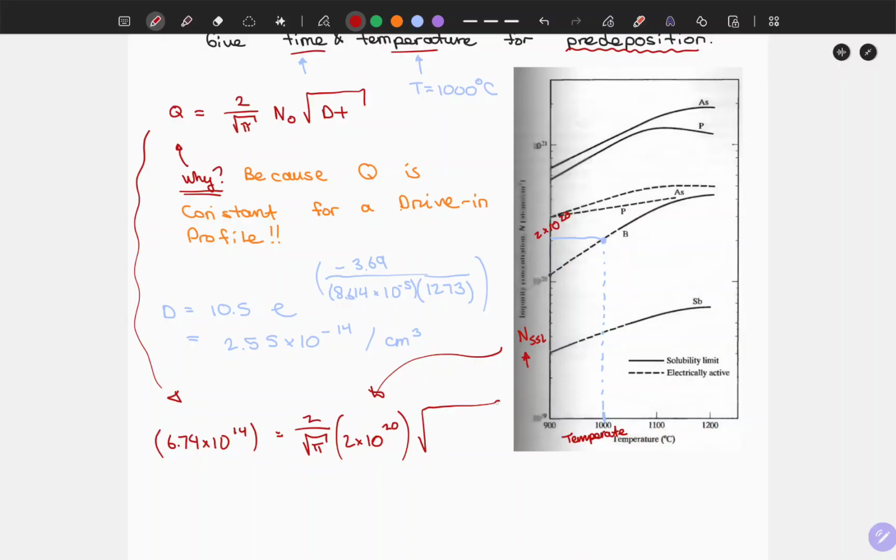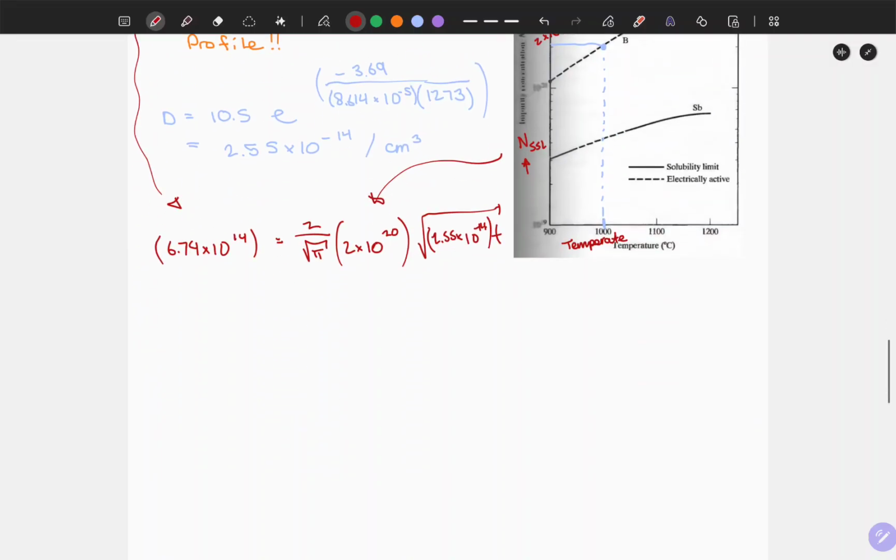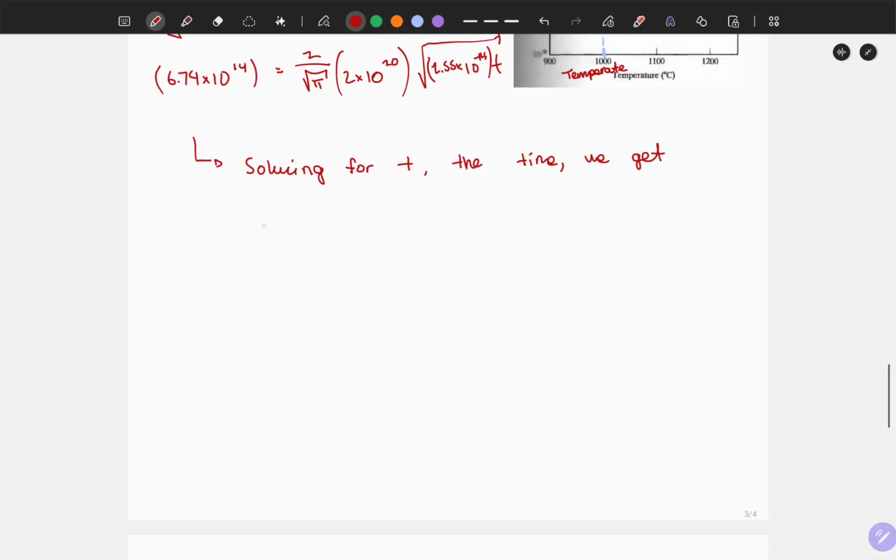And square root of Dt, we could use 2.55 times 10 to the negative 14th times t. If we solve for t, the time, we get t is equal to 350.2 seconds, which is approximately 6 minutes.